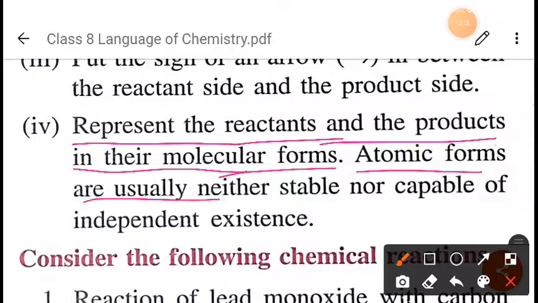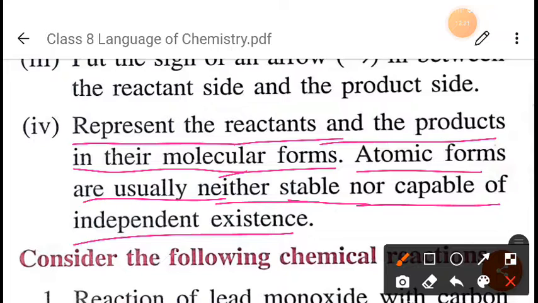Atomic forms are usually neither stable nor capable of independent existence, right?